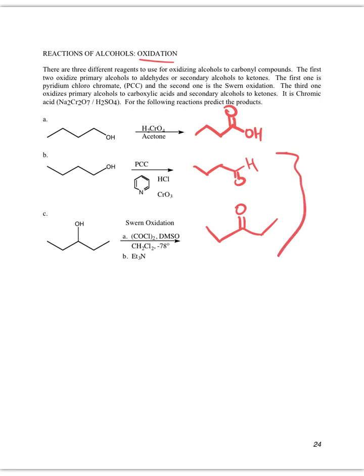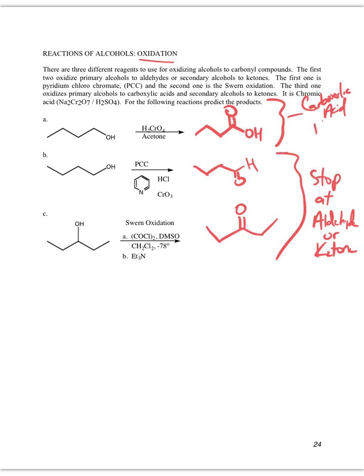B and C here stop at the aldehyde or ketone. It will not over-oxidize that. It won't oxidize a primary alcohol up to the carboxylic acid. Chromic acid goes all the way to the carboxylic acid, or if you have a secondary alcohol, it gives you the ketone. So there are differences in those, and we have to keep straight which one will do what as we're going along.